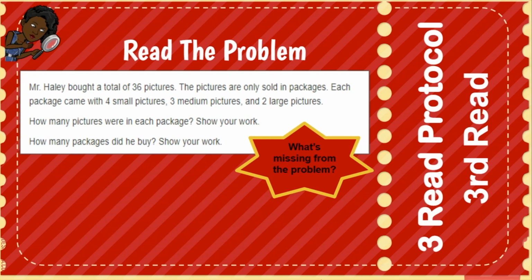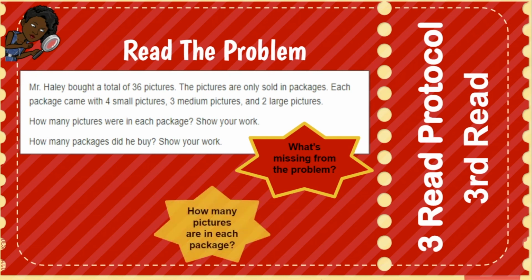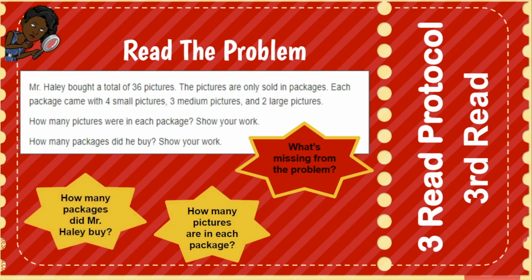Now that we have done that, what questions can we ask ourselves about the problem? Here are a couple of questions I came up with. How many pictures are in each package? And how many packages did Mr. Haley buy?